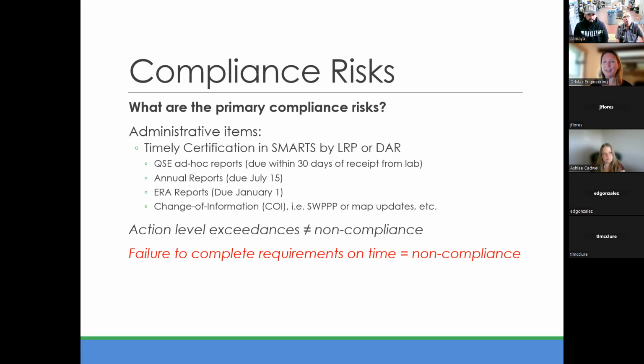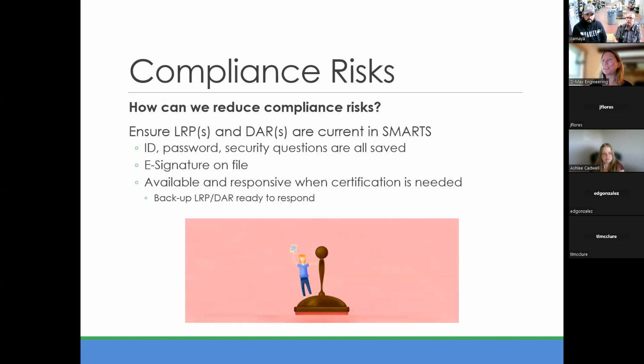Having a high exceedance doesn't mean you're not in compliance with the permit. So I did want to stress that. But failure to complete those requirements on time does equal non-compliance. So it is important to get those things certified on time. And I'm going to be like a broken record this year. So you might get a lot of spamming from me if you've not certified your reports on time.